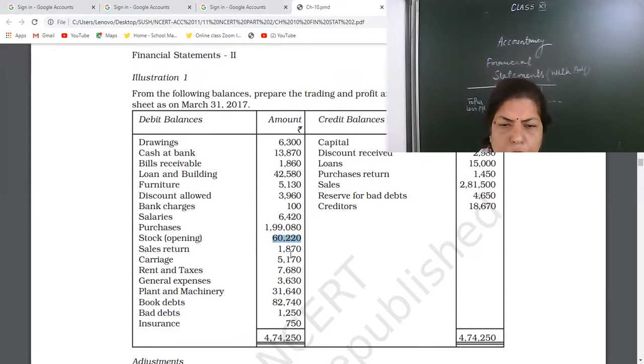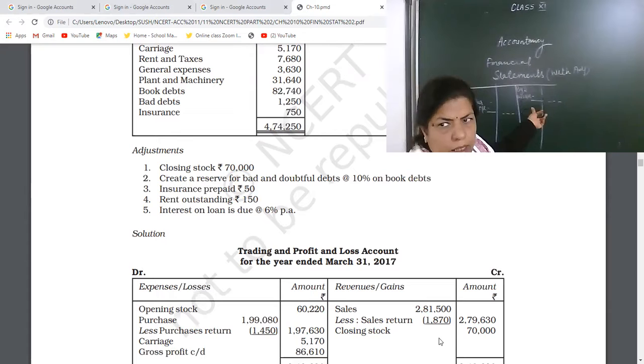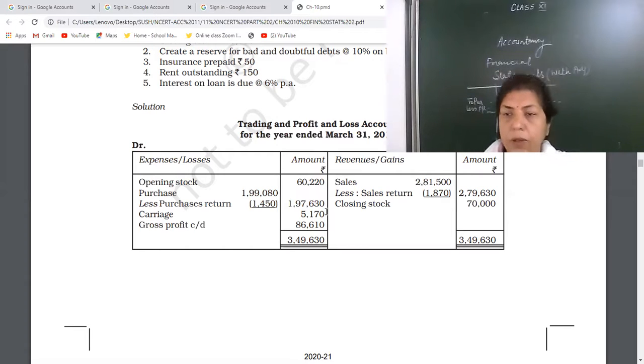Then sales minus sales return, and purchase minus purchase return, I explained to you. Now carriage inward. All direct expenses which are related with production, manufacturing, factory expenses are to be entered in the trading account. So here carriage inward is on the debit side.